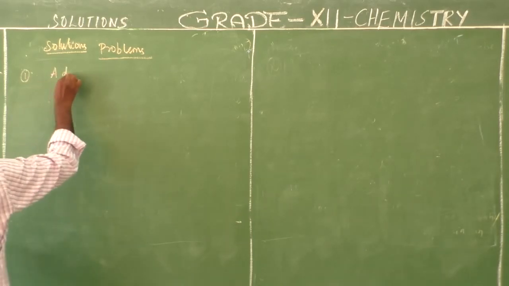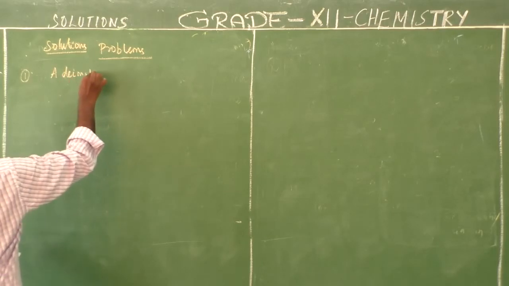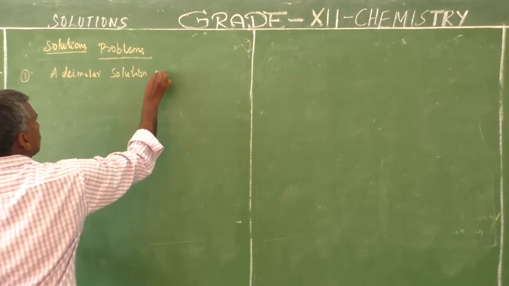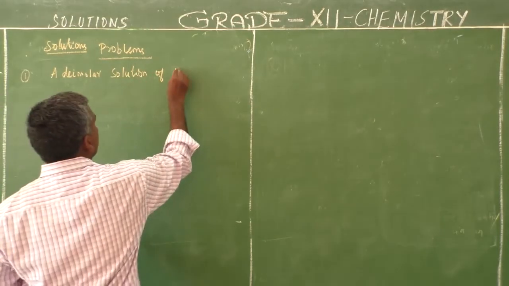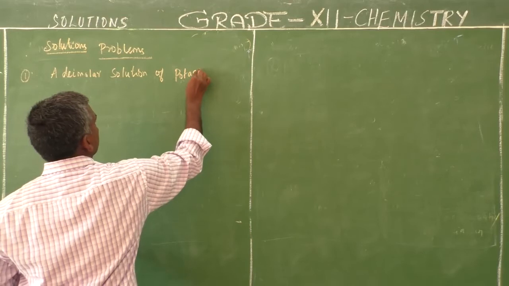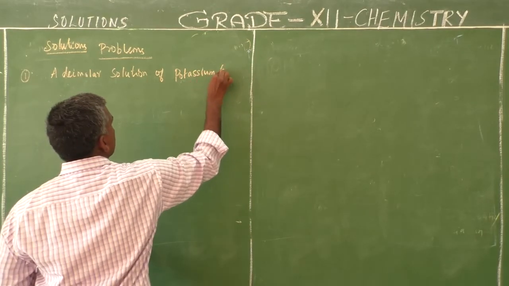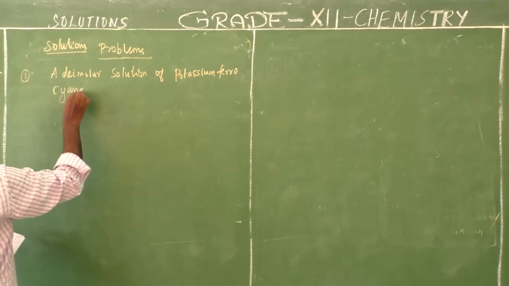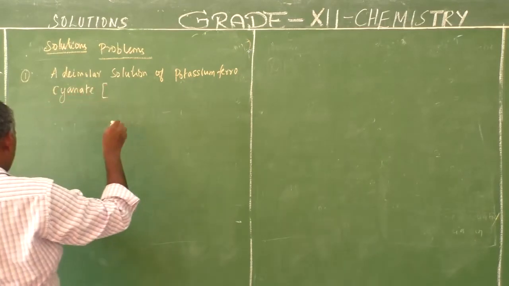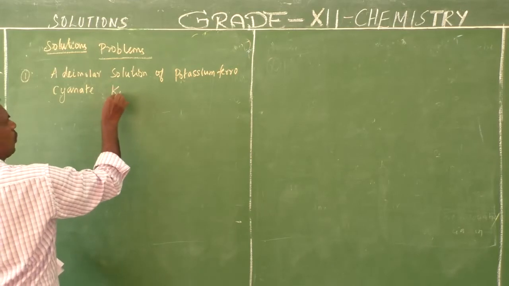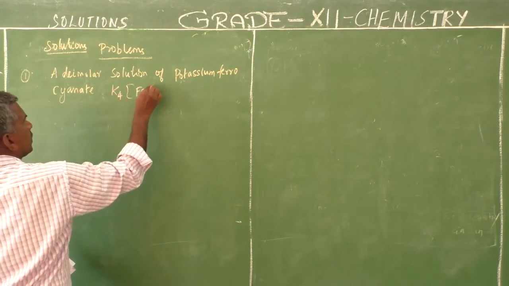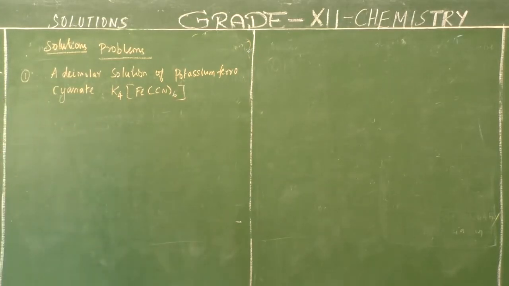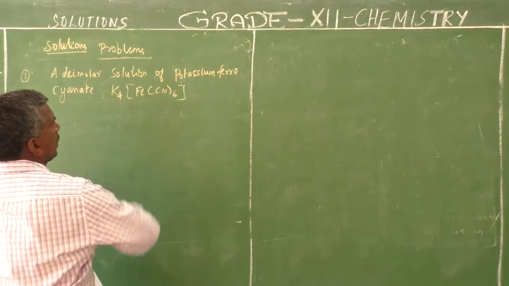A decimolar solution of potassium ferrocyanide. The formula is K4, a coordination compound you will learn about: K4[Fe(CN)6], potassium ferrocyanide.